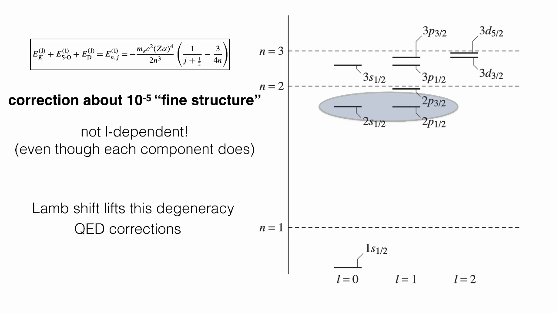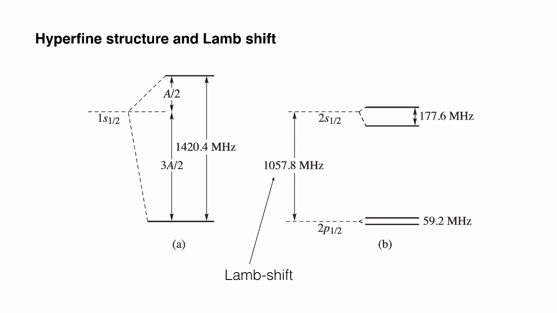To go even further, we would have to go into further details in the theory of quantum electrodynamics, where even the interactions are quantized. This would include an additional shift, which is called the Lamb shift.